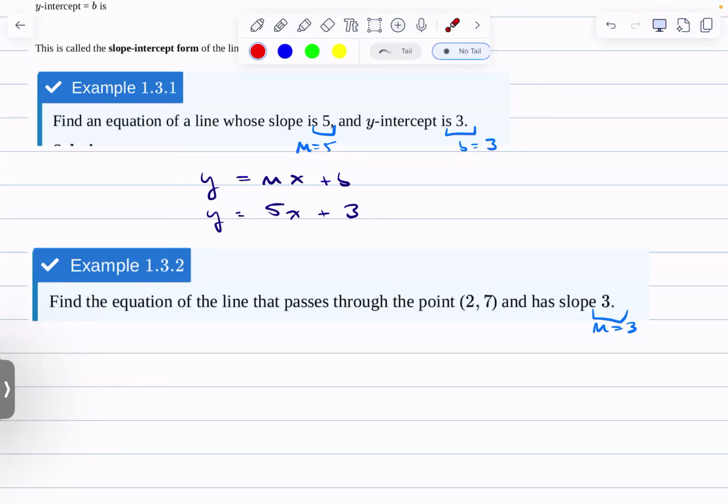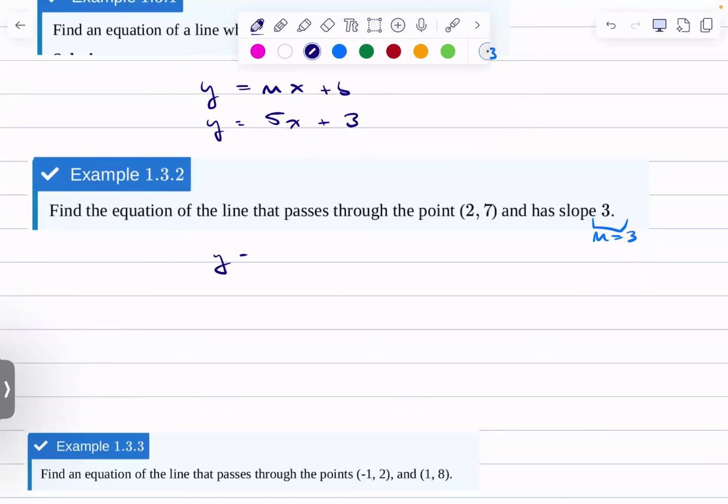So I'll show you what I mean. Y equals mx plus b is a good place to start. I know m is 3, so let's plug that in. And so y equals 3x plus b. Now I need to find b, but all I have is an x and a y coordinate.